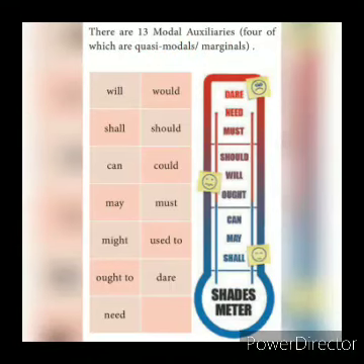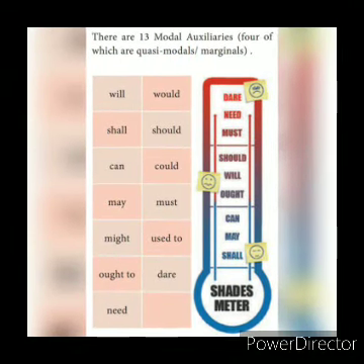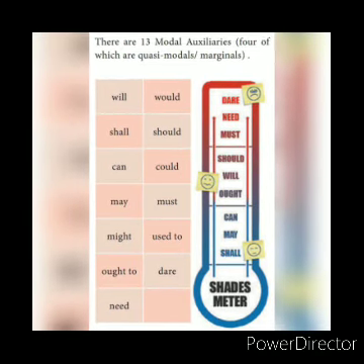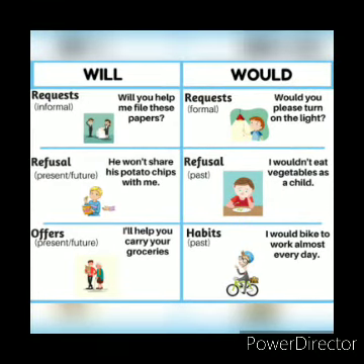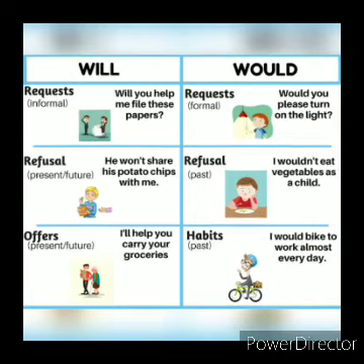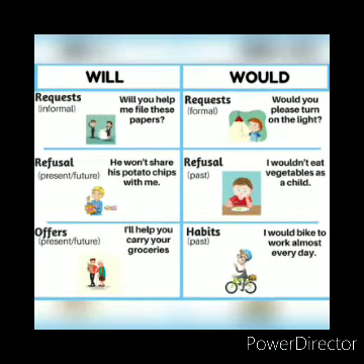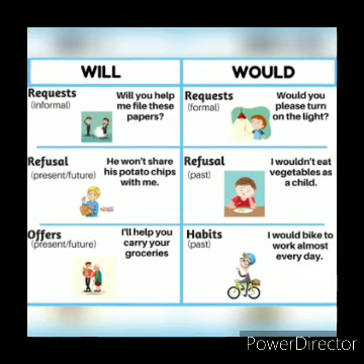In this unit, we are going to learn about the 9 modals and 4 semi and quasi modals in detail. First, let us see will and would. Will is used for informal requests, refusal and offers. Would is used for formal requests, past refusal and past habits.